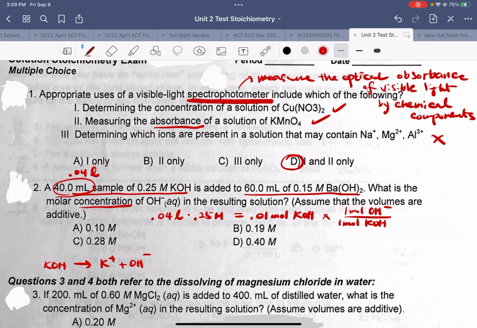So 1 KOH makes 1 mole of OH minus. So it's 0.01 mole of OH minus.